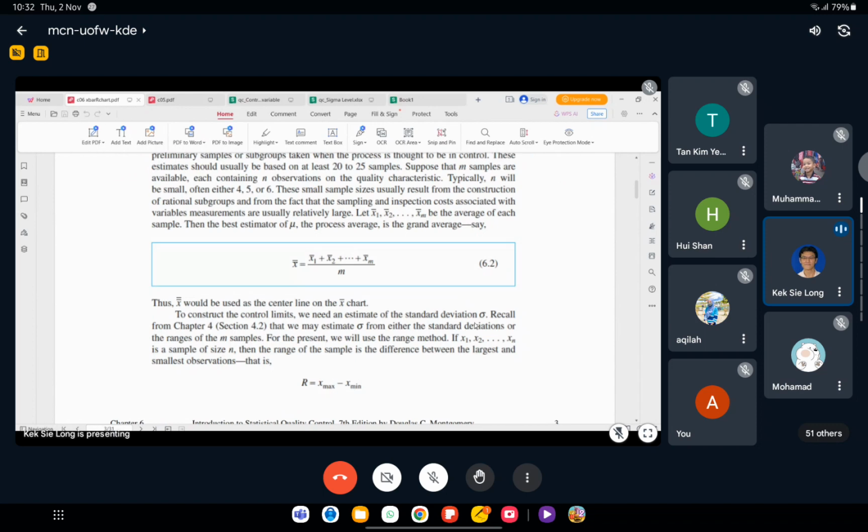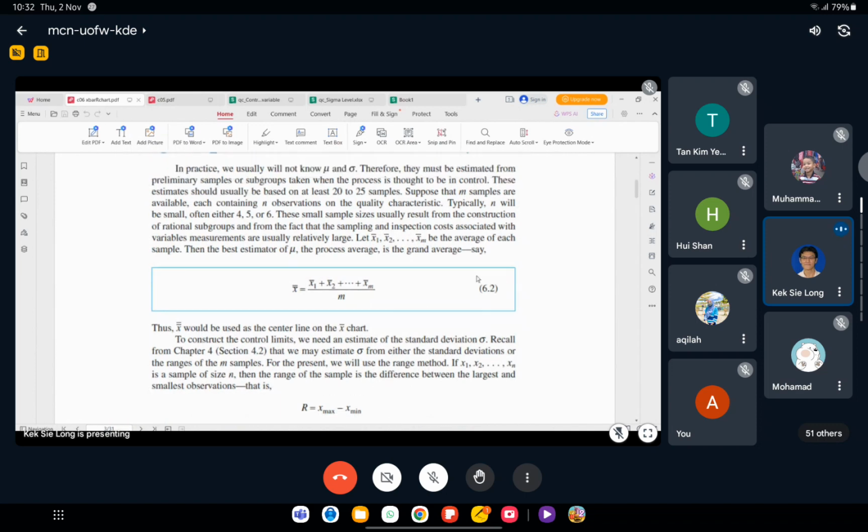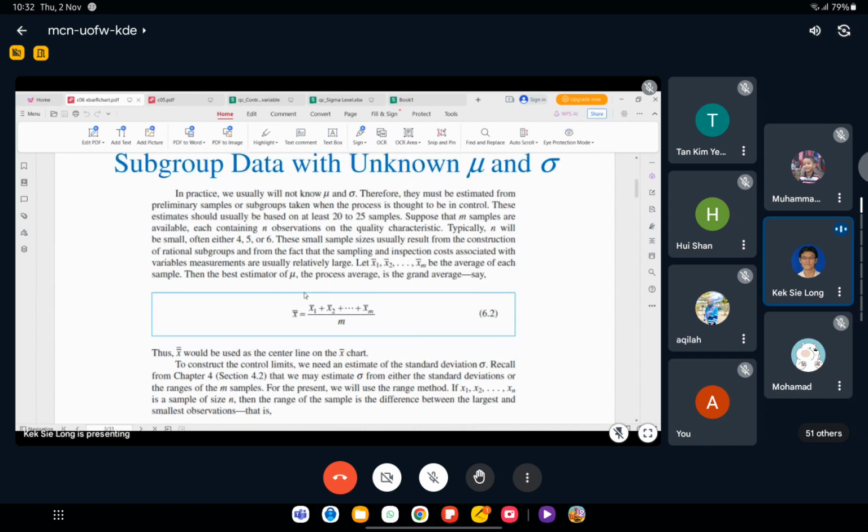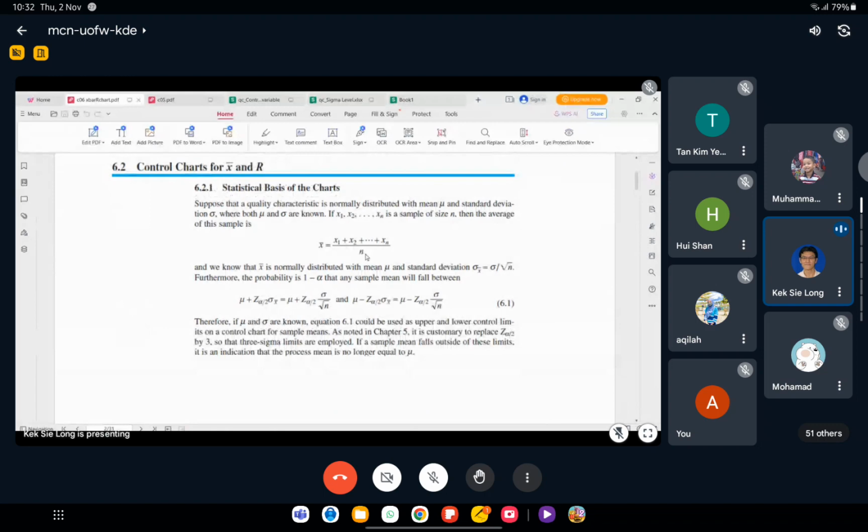So we can use equation 6.2 to do the calculation. Notice that equation 6.2 is similar to the equation before, x bar equals x1 plus x2 until xn divided by n.